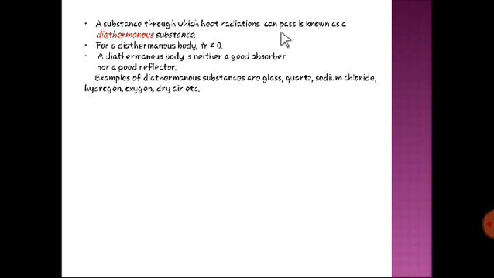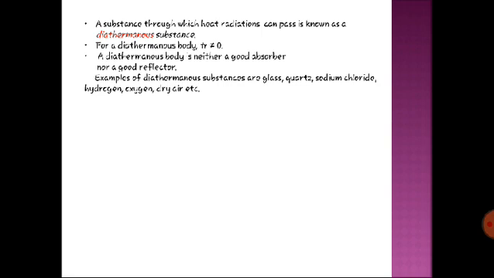That means TR is not 0, but it is not a good reflector as well as not a good absorber, so it is called a diathermous substance. Try to remember this. Heat radiation is passing, so it is called diathermous substance, and TR is not equal to 0. And a diathermous body is neither a good absorber nor a good reflector.